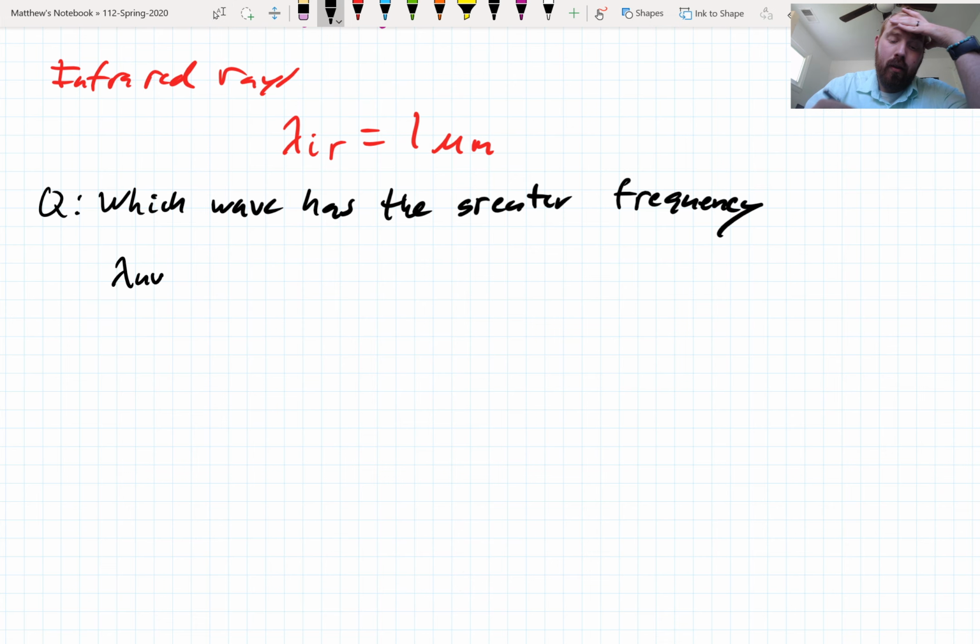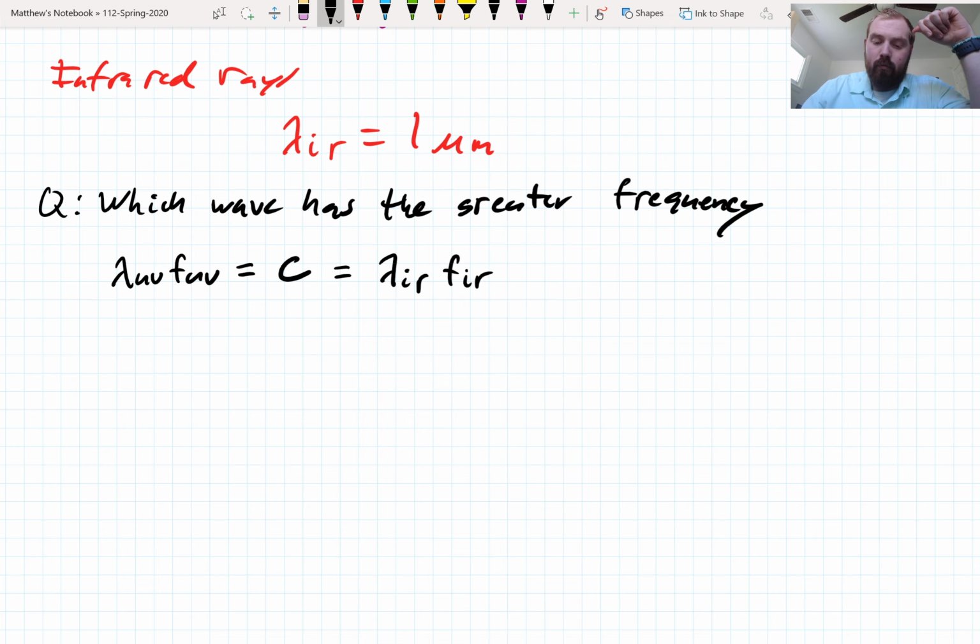We'll say lambda UV f UV. For waves propagating in space, that must be the speed of light. But infrared rays are still a type of light. So I could say lambda IR f IR. Well, the speed of light is the same for both types of rays.